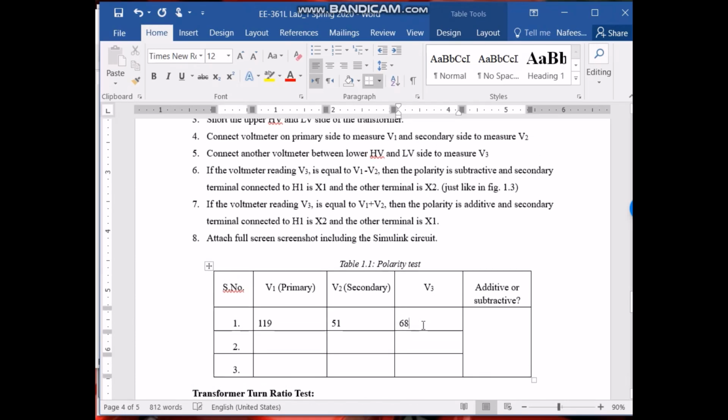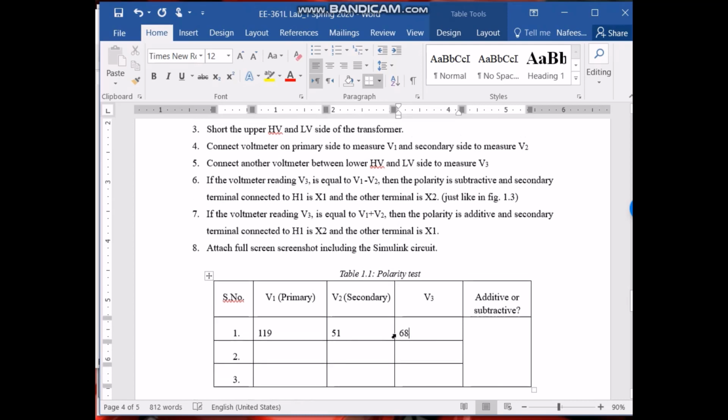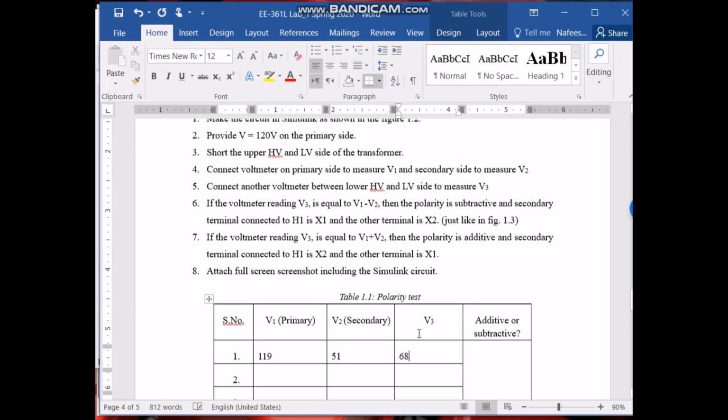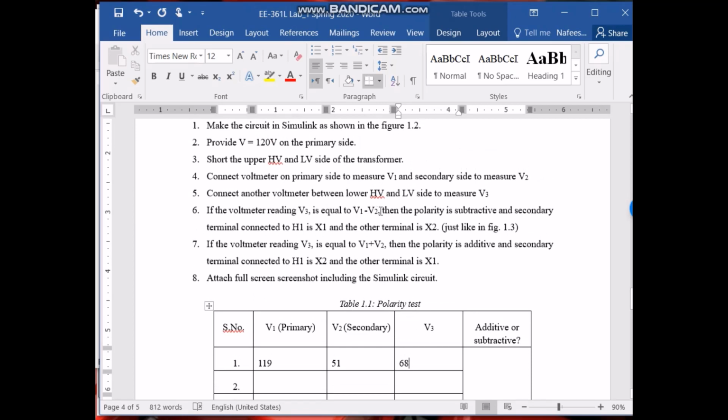So is it additive or subtractive? As you can see, the V3 is basically V1 minus V2, right? It cannot be V1 plus V2 because V1 plus V2 is 120 and 50, around 170. This is not 170, this is around 70, so V3 is V1 minus V2. So if V1 minus V2 is V3, then it means the polarity is subtractive.